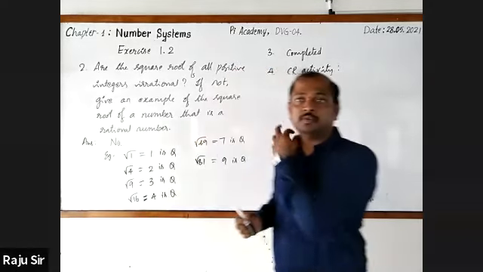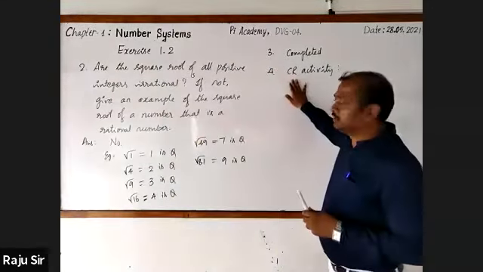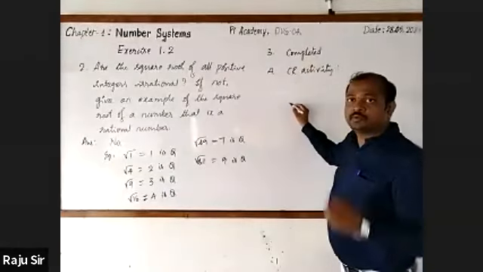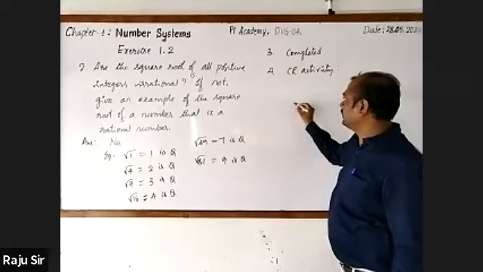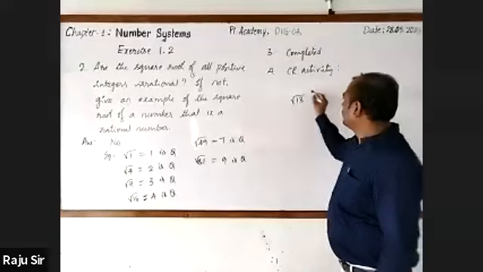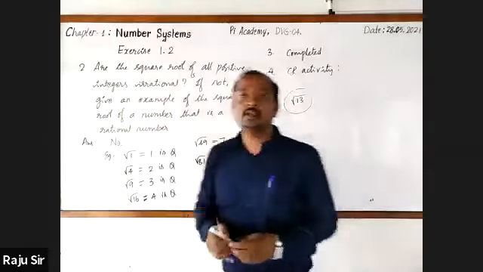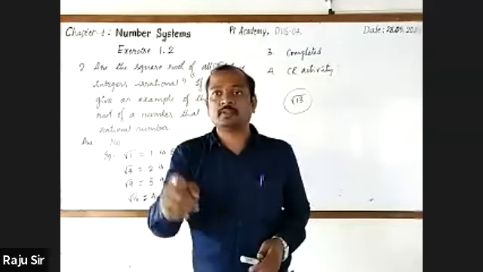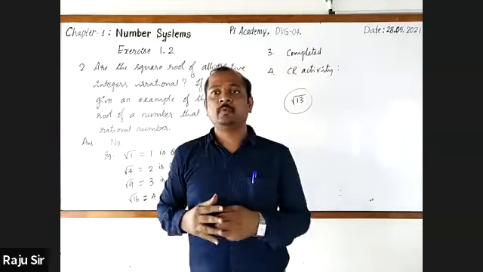Now I'm going to give you an assignment that should be done in your notebook only. You have to represent root 13 on the number line by the spiral method or square root method or Theodorus wheel method.